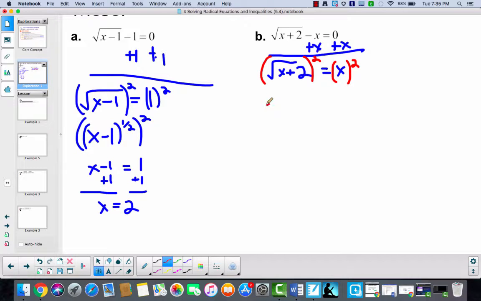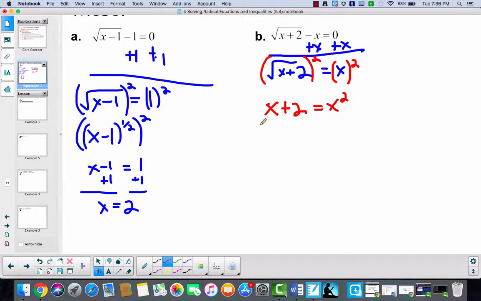Squaring the square root undoes this, so I just have x plus 2. But on this side, I have equals x squared. It's not like this one over here. I can't just subtract 2 from both sides. What am I going to have to do to solve a quadratic? That takes us back to things we did before.